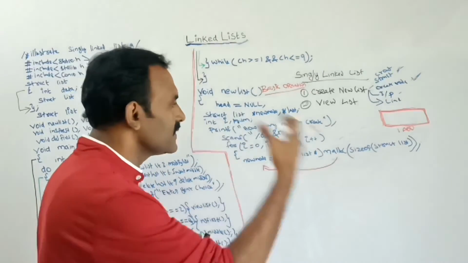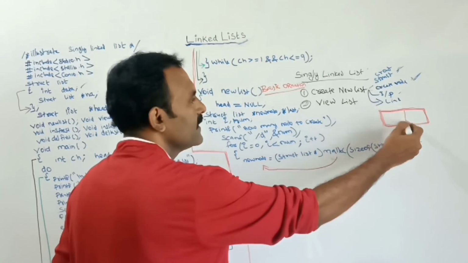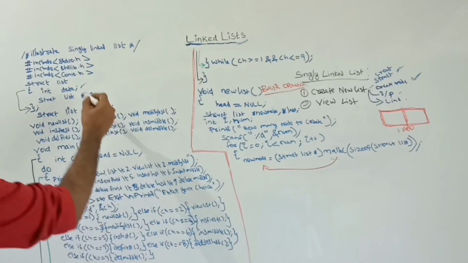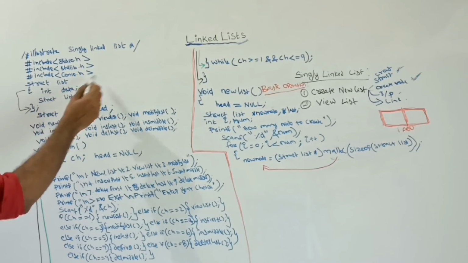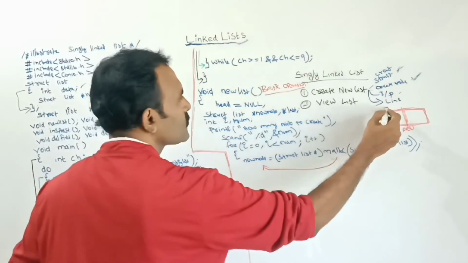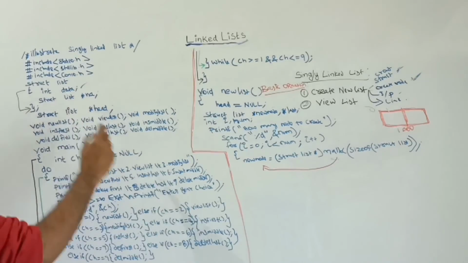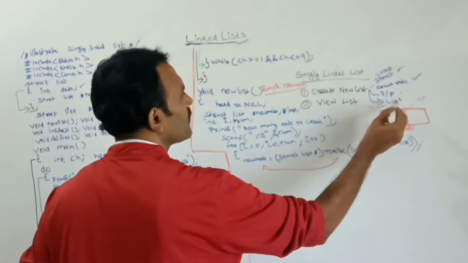So let us assume it is successfully created, then the node was created. Inside this node structure there are two members. The first structure member, the first field, is the data field. So here I can store the data. Next, this one is the next address field, that is the link field, next address NA, and this one is data.